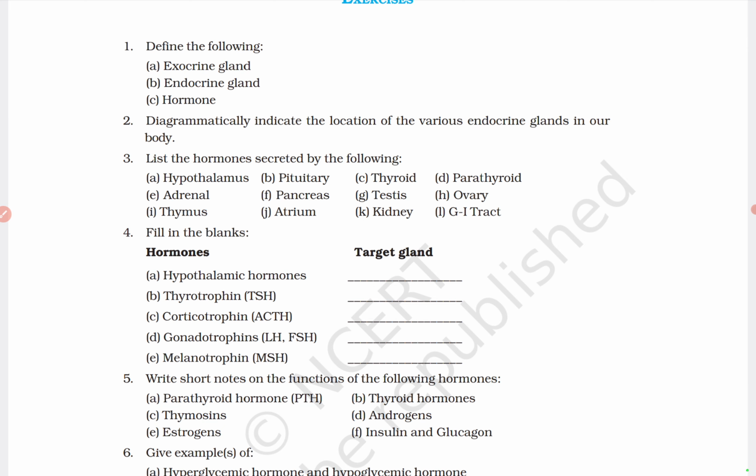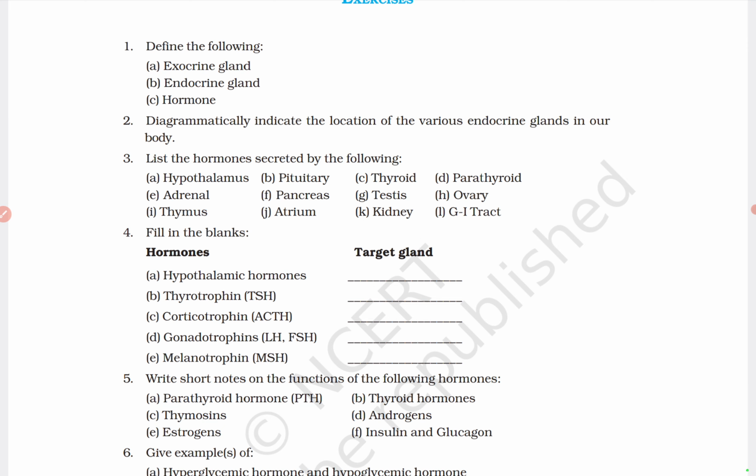Hypothalamus secretes many hormones: thyrotropin releasing hormone, corticotropin, follicle stimulating hormone, luteinizing hormone, growth inhibiting hormone, prolactin releasing hormone, prolactin inhibiting hormone, melanocyte stimulating hormone, and melanocyte inhibiting hormone.